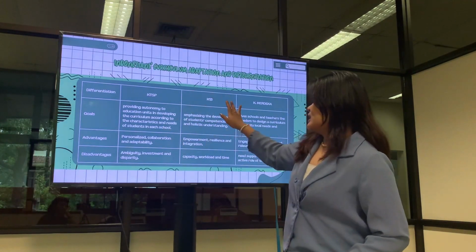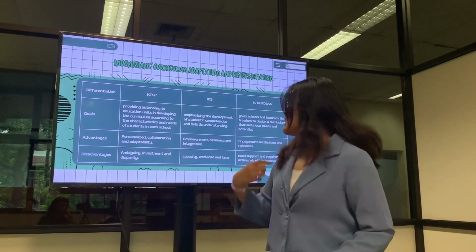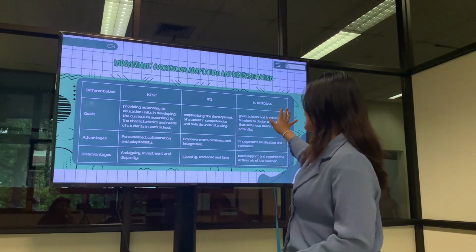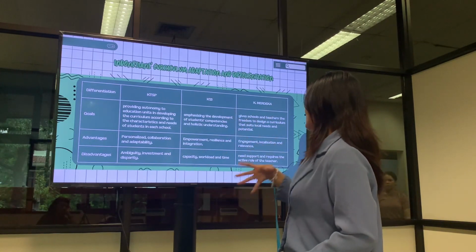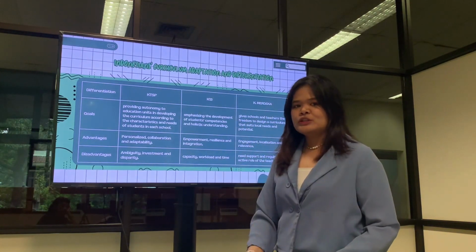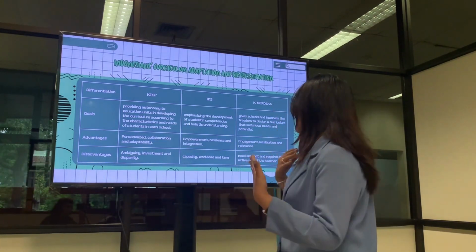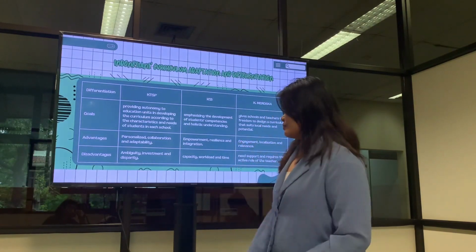The goal of Kurikulum K13 is emphasizing the development of students' competence and holistic understanding. The last one, the goal of Kurikulum Merdeka, is to give schools and teachers the freedom to design a curriculum that suits their learners and their potential.